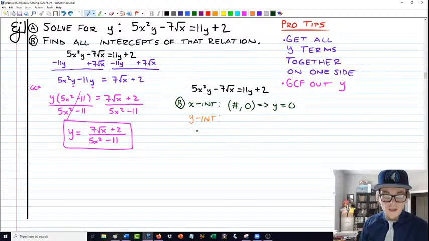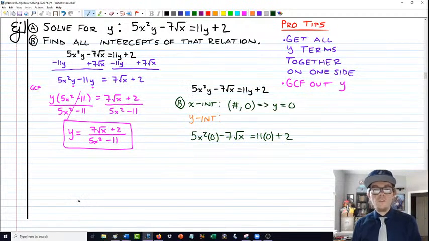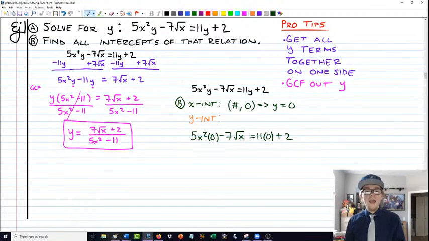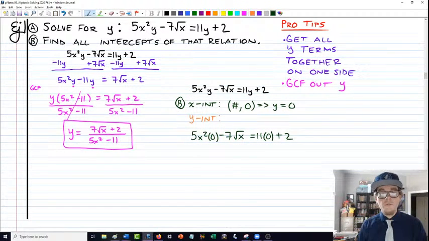So we have 5x squared times y equals 0, minus 7 root x equals 11 times 0, and then plus 2. So basically we've substituted in y equals 0 for each of these.